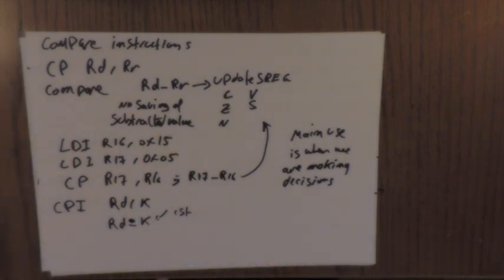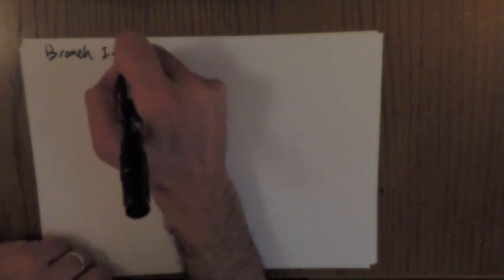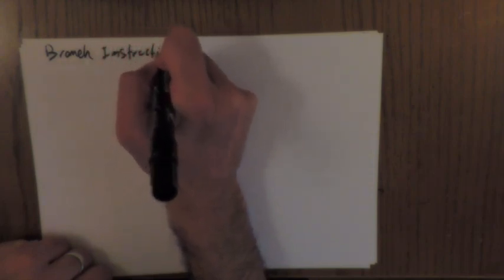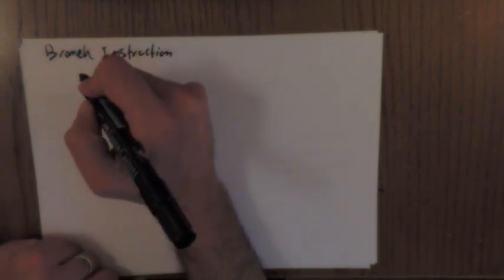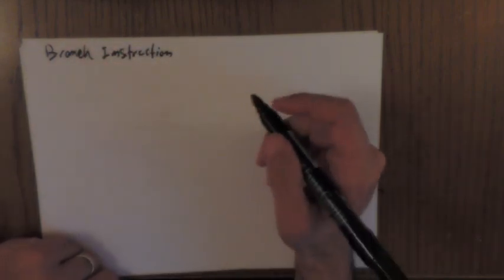So let's talk about branching instructions. Imagine that I want to test if a value is 0 and go to that test.